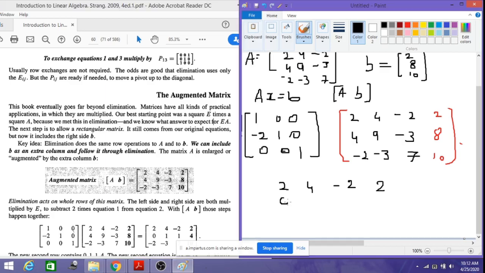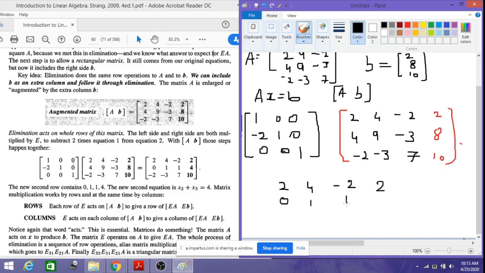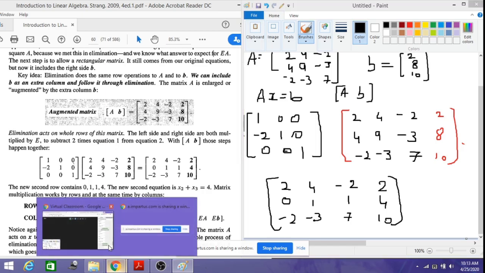Probably here you will get 0, then 1, then 1, 4, then -2, -3, 7, and 10, right? So this was the first step in the previous discussion that we had when we were talking about the previous example.